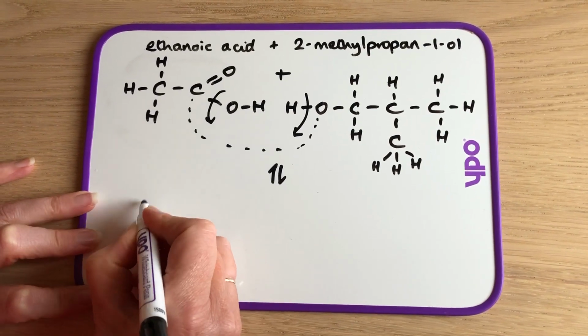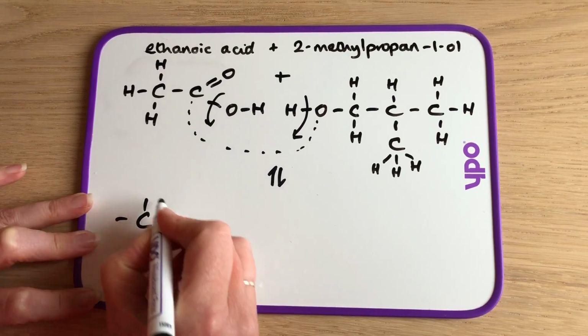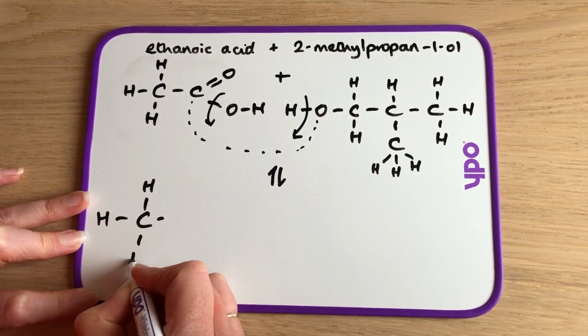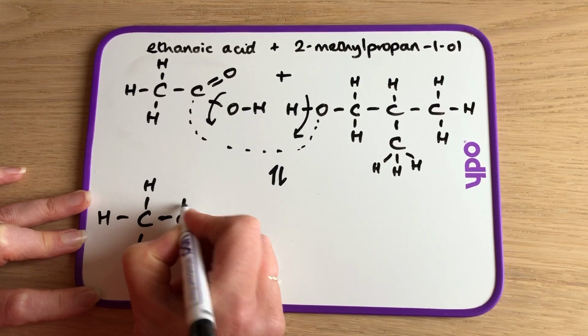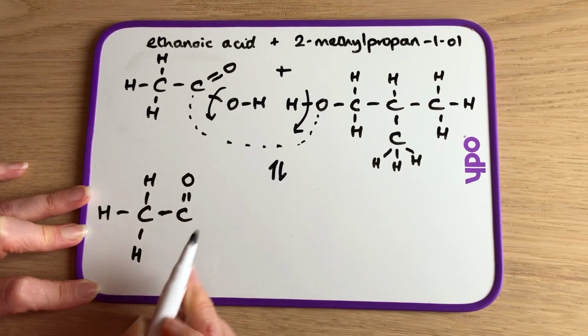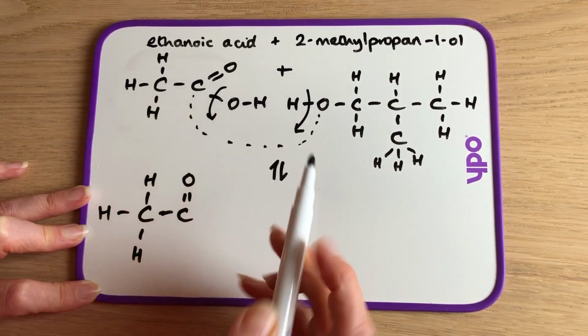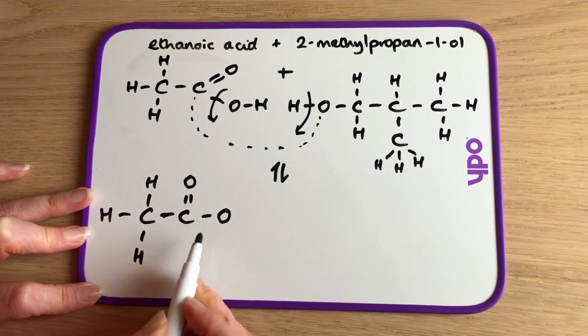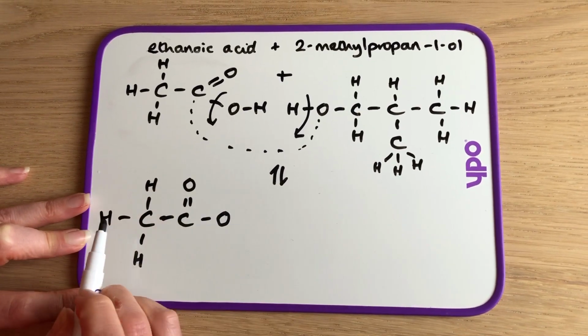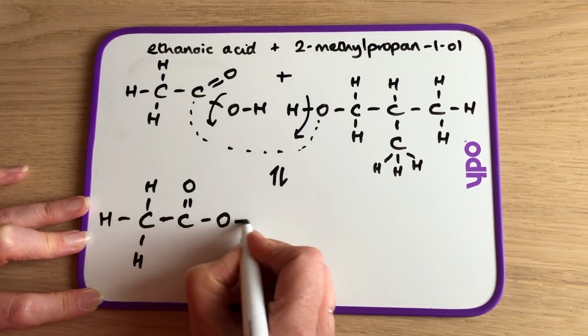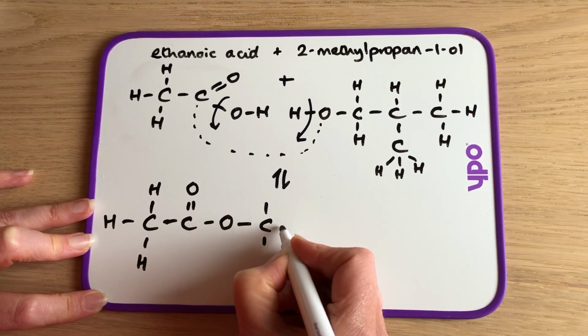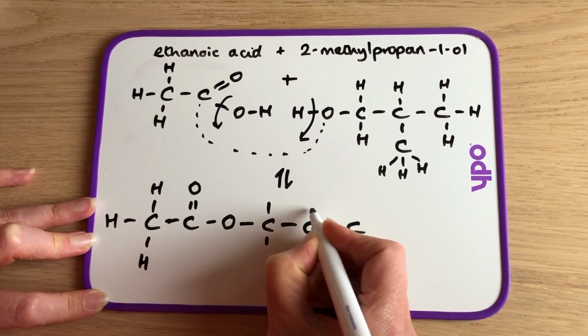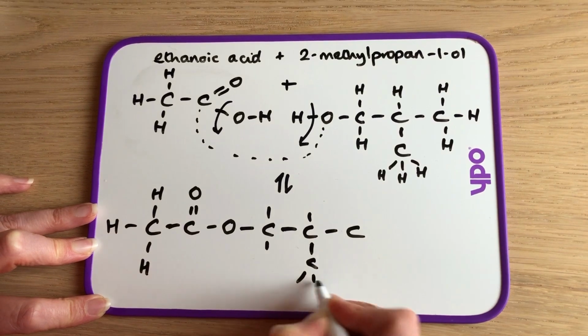So if we draw out the products then, so CH3, and then there's your C double bond O, okay, and now that carbon is going to attach to the oxygen there, and look, there's your ester functional group, okay, and then we've got the CH and the rest of that molecule there unchanged.